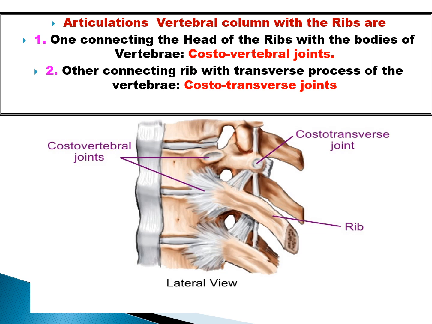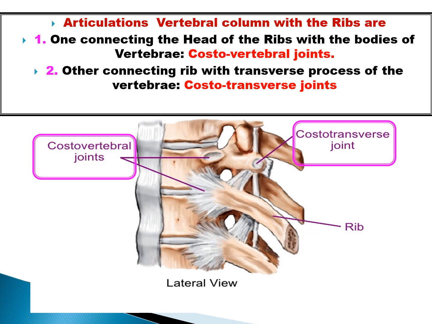So articulation of the vertebral column with the ribs is by costovertebral joints: the head of the rib with the bodies of the vertebra, and the costotransverse joint, the tubercle of the rib with the transverse process.